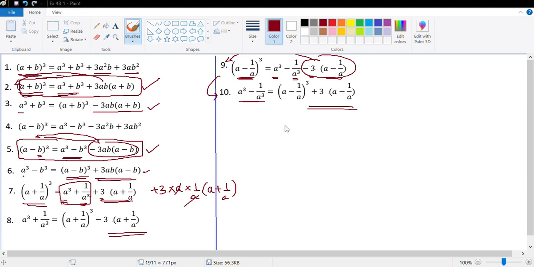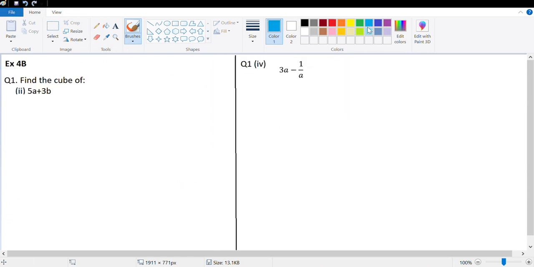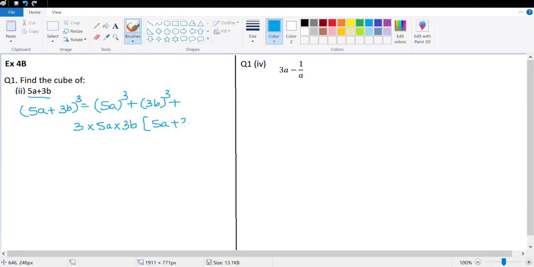So let's look at the question. The first question we do is question number 1, part 2. So find the cube of 5a plus 3b. So what we need to figure out is 5a plus 3b whole cube. So this would be first term cube plus second term cube plus 3 times first term into second term times first term plus second term. x plus y whole cube is equal to x cube plus y cube plus 3 times x into y multiplied with x plus y.